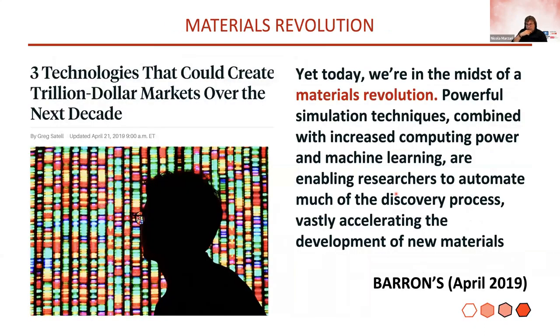So, having said that, and probably you are all familiar with these ideas, there is a lot of enthusiasm these days about the idea that we can change not only the world of science, but the world of technology by discovering novel materials or materials with novel properties through this combination of powerful quantum engines, machine learning, and data.